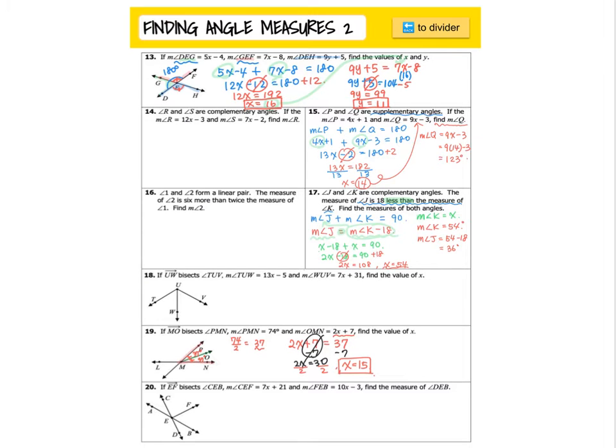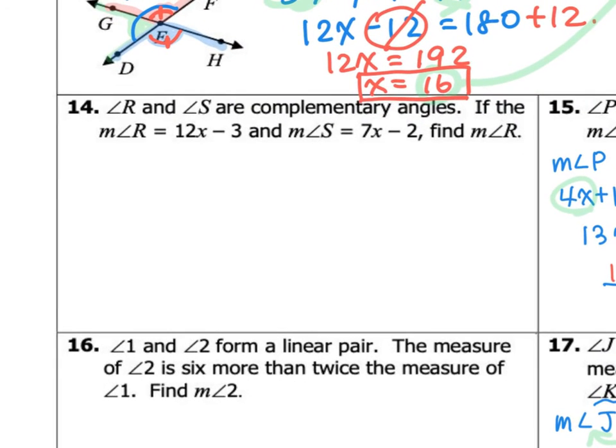All right, we finished the first page. Now we are on the back page. Let's do number 14. It says angle R and angle S are complementary angles. You should know what complementary angles mean. If you don't remember, that's fine, you have your notes to find out what it is.